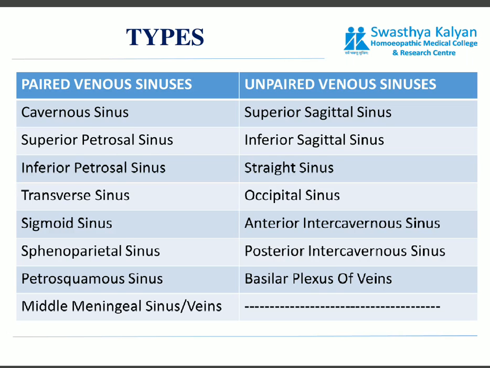The unpaired sinuses are superior sagittal sinus, inferior sagittal sinus, straight sinus, occipital sinus, anterior intercavernous sinus, posterior intercavernous sinus, basilar plexus of veins. So these are the different sinuses and they have been named according to their location.